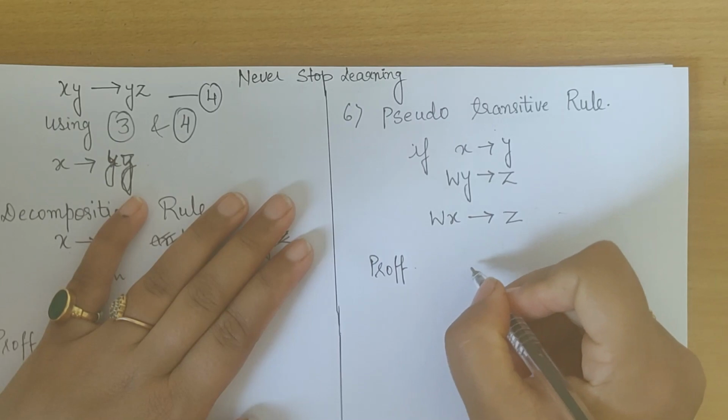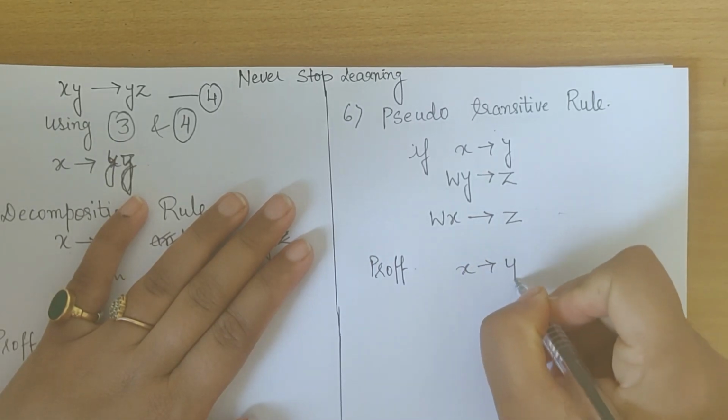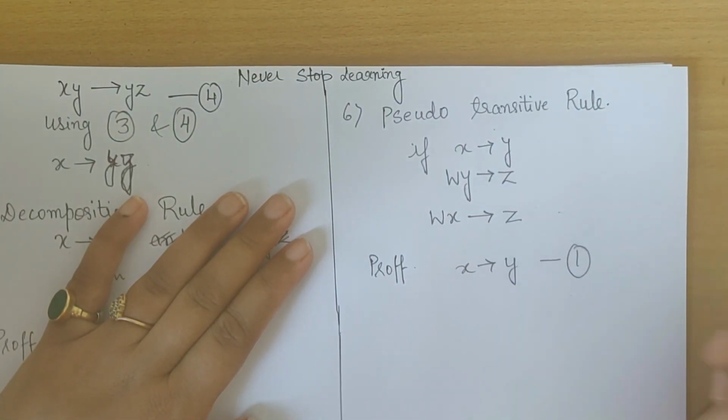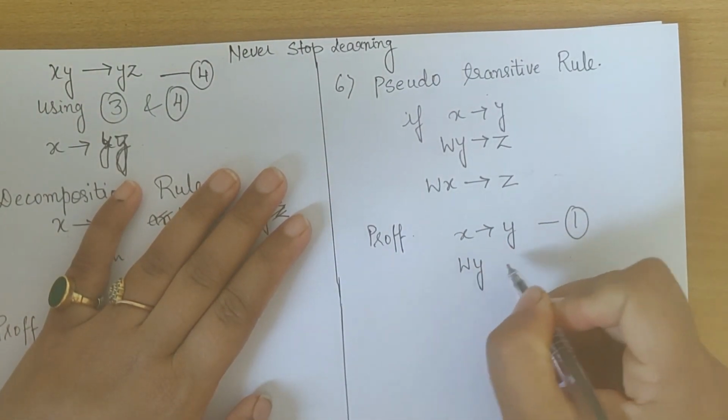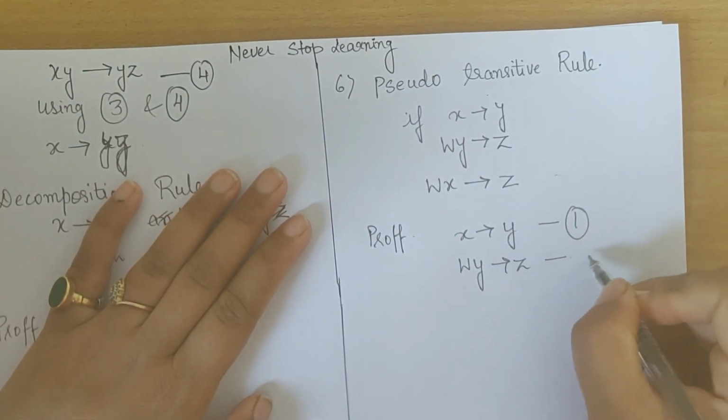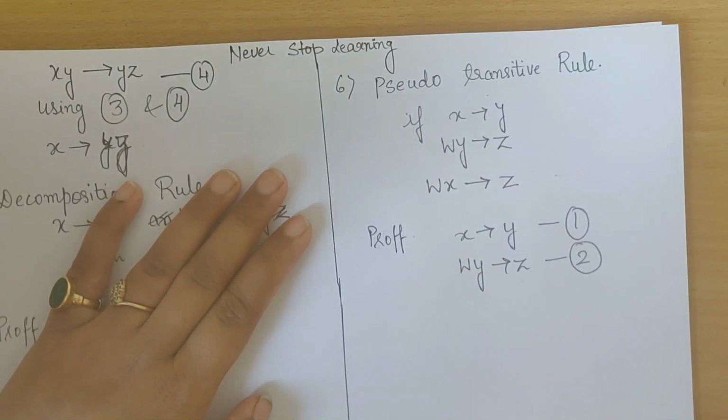What is given to us? It's given that X determines Y. This is my expression number 1, right? Next, WY determines Z. This is my expression number 2. These two things are given to me.